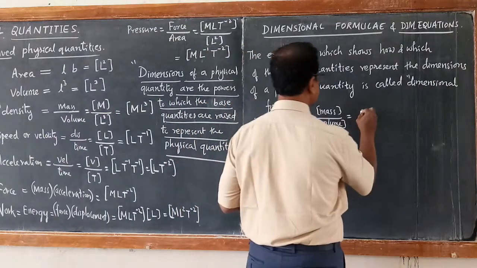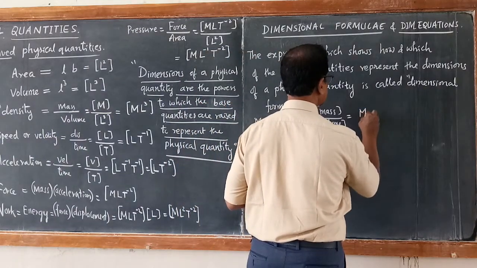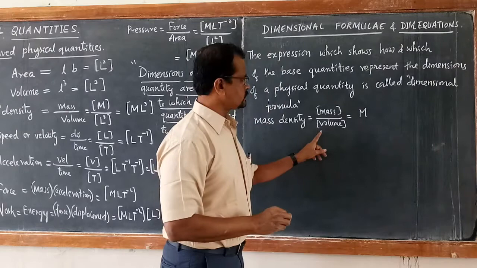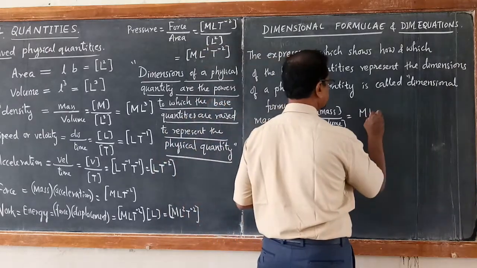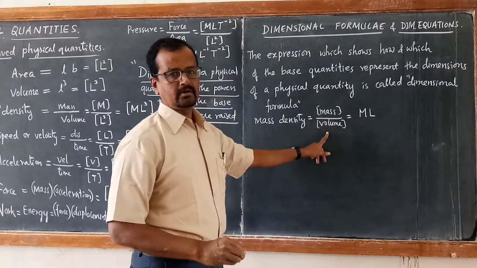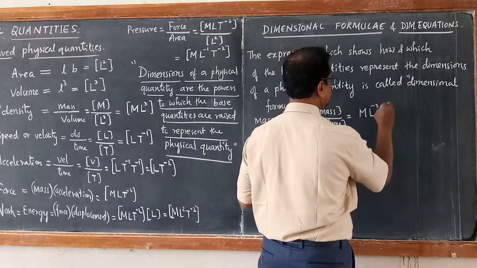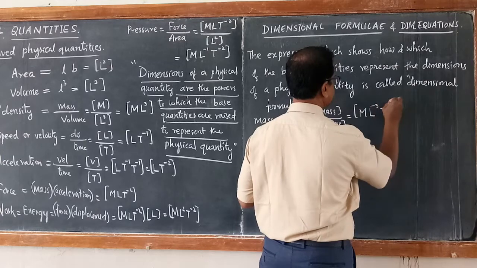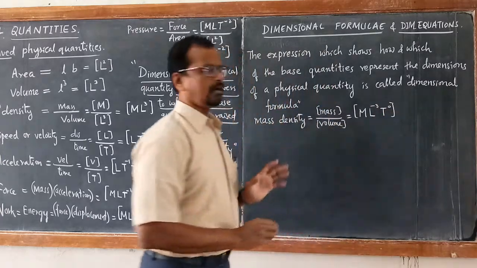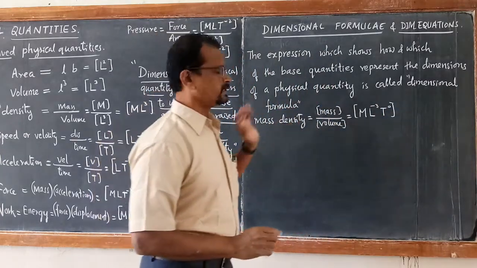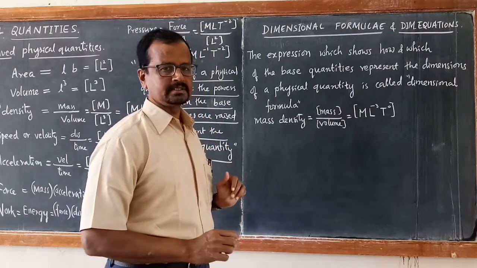So it can be written as dimension of mass M, and dimension of volume is L to the power 3 in the denominator, so it becomes L to the power minus 3, and dimension of time is 0. So this becomes the dimensional formula of mass density.